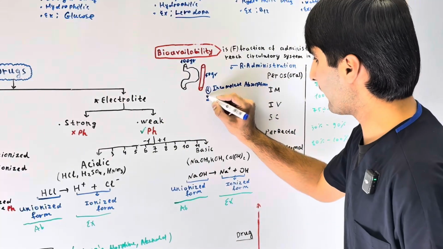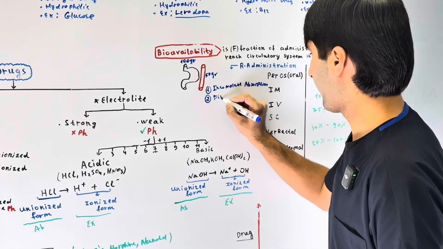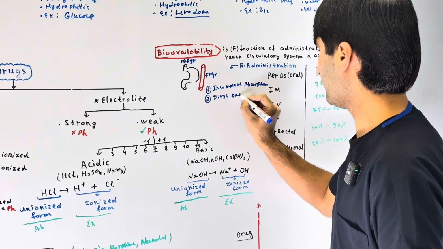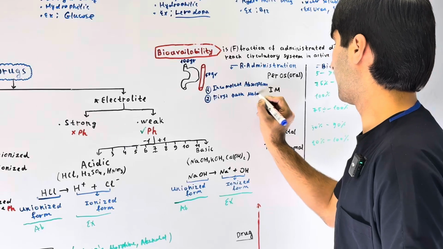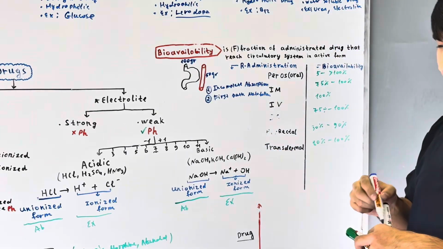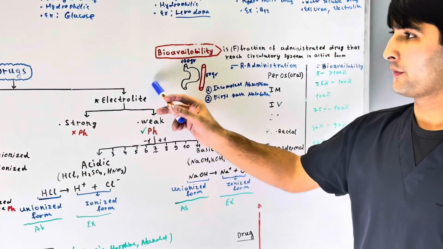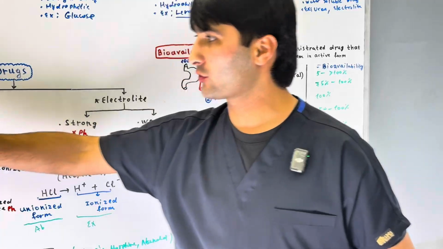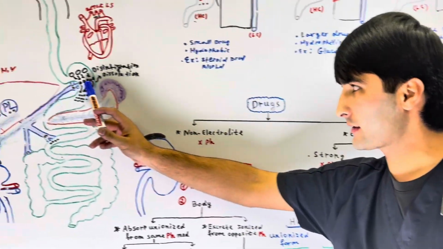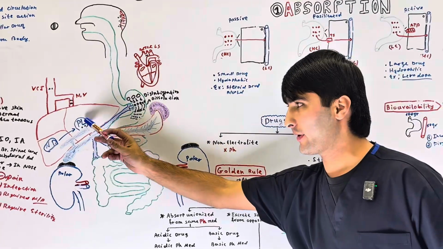The second factor is the first pass metabolism, which occurs in the enterocyte and primarily in the liver. As I explained to you here, when the drug is in the stomach, before going to the systemic circulation, it will go to the liver.